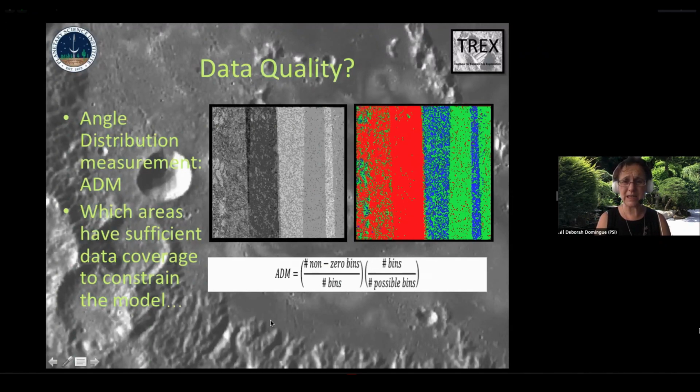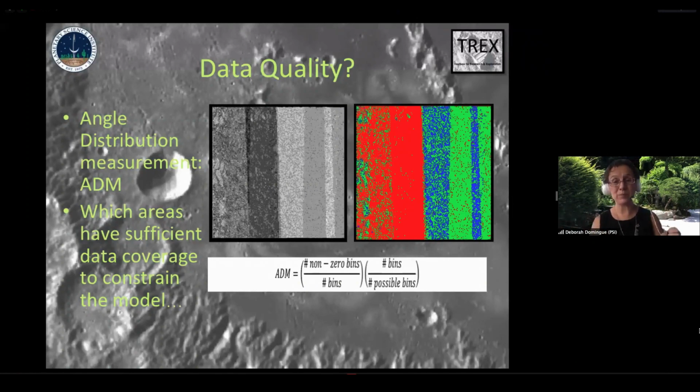And one of the things when you do a photometric study is you look at the quality of the data. And what I mean in terms of quality of the data is, does it cover enough of the incident emission and phase angle space to be able to constrain the parameters? Is this going to be able to give you viable solutions? And this is a data quality map of our region.